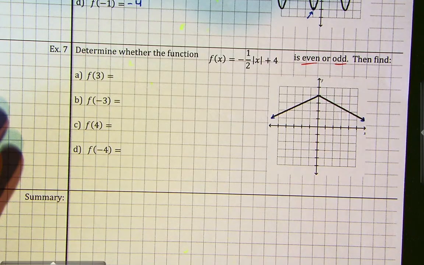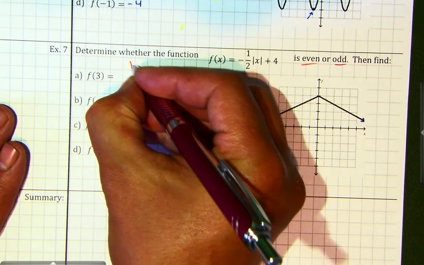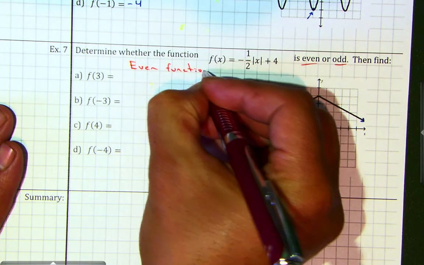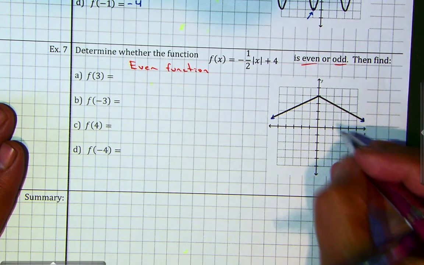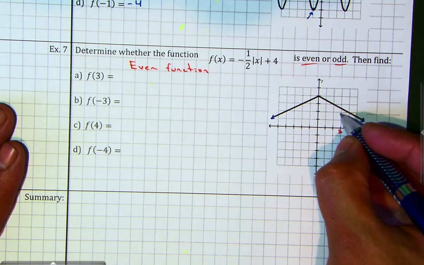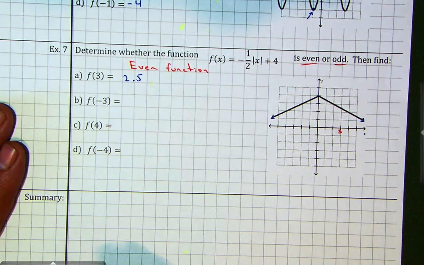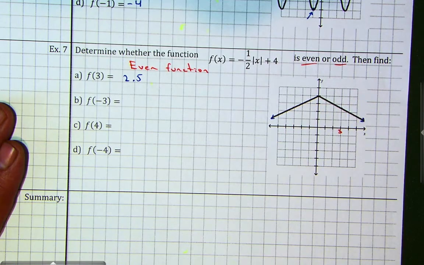Excellent. So in this case, this is an even function. If I plug in a 3, I end up with 2.5. If I plug in a negative 3, I end up with 2.5 as well.